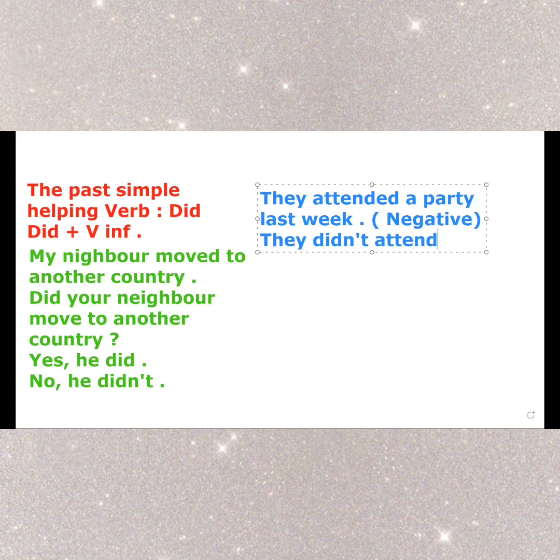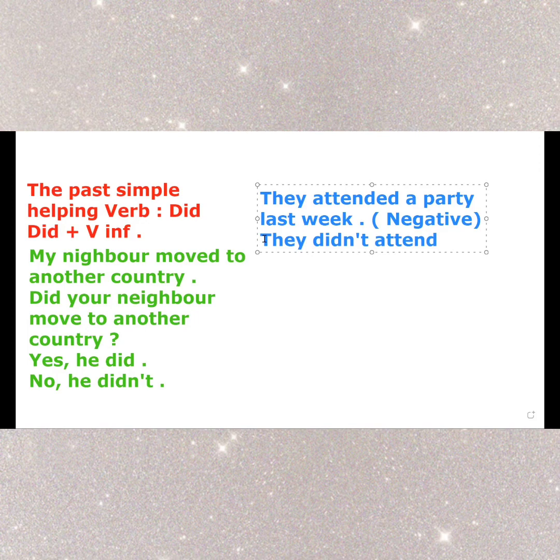Excellent. They didn't attend. So after didn't, which form do we get, the first, second, or third? Listen well, please. Neither one, nor two, nor three. We get the base form of a verb, the infinitive form, the verb with no additions at all.